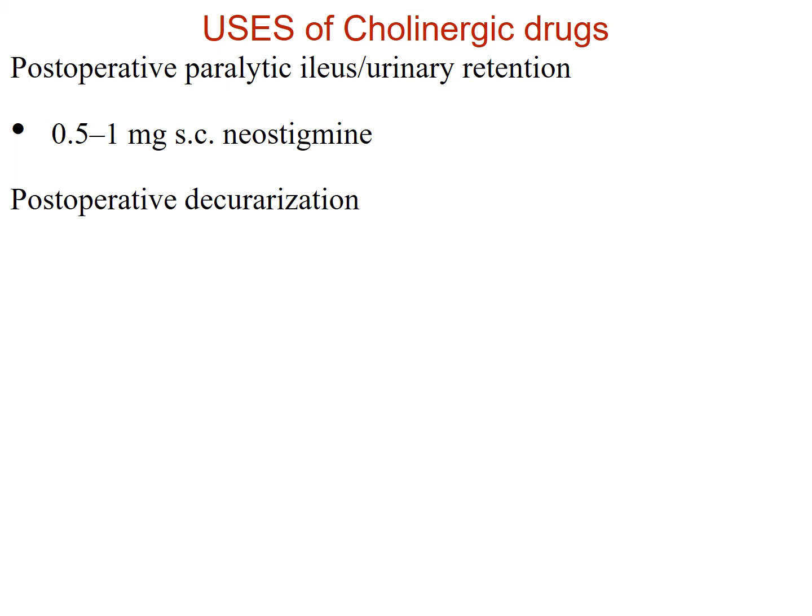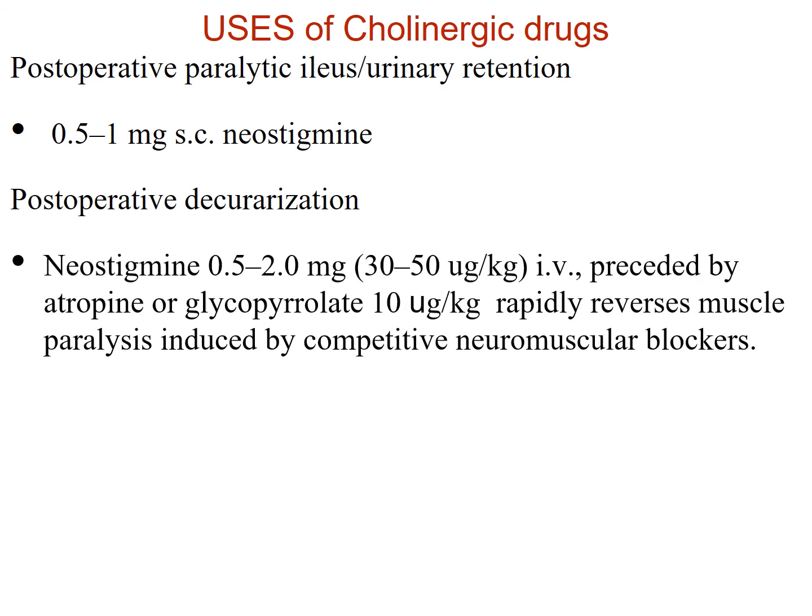Another use is post-operative decurarization, where neostigmine is given 0.5 to 2 milligrams intravenously, but it is always preceded by either atropine or glycopyrrolate, because these are the drugs which block the muscarinic effect of neostigmine, and this neostigmine rapidly reverses the muscle paralysis induced by competitive neuromuscular blockers.